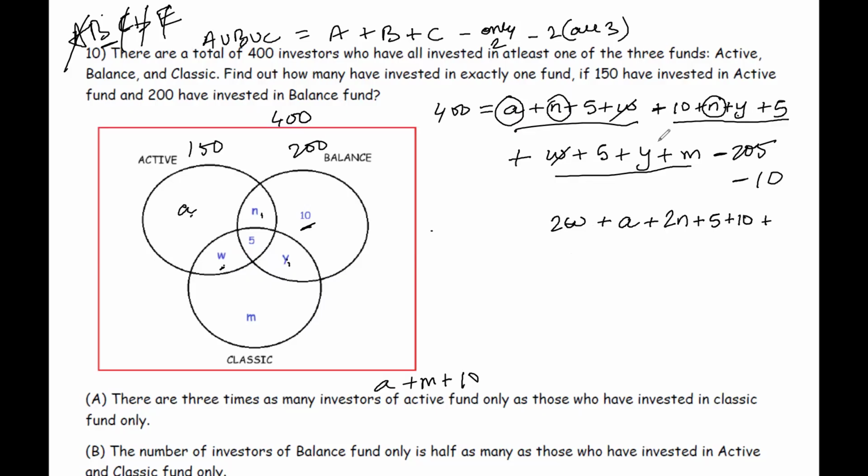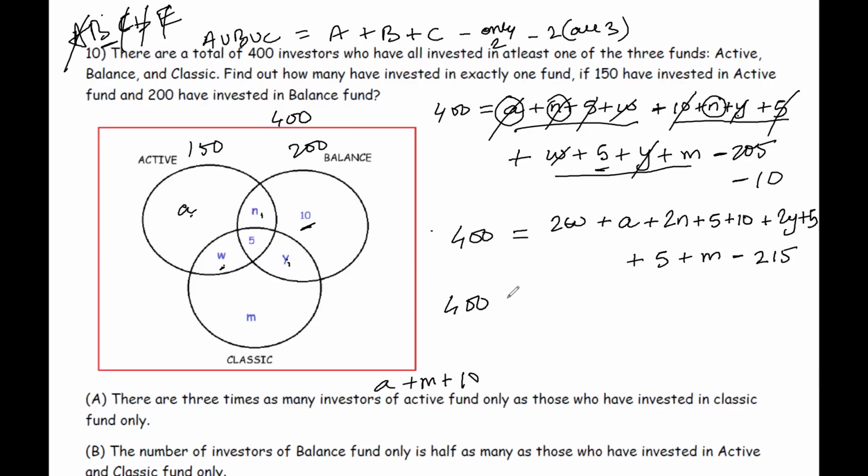So this Y with this Y, and this is plus 5. All of these are accounted for. And then we have another 5 and an M, plus 5 plus M, minus 215. And that is 400 out here.